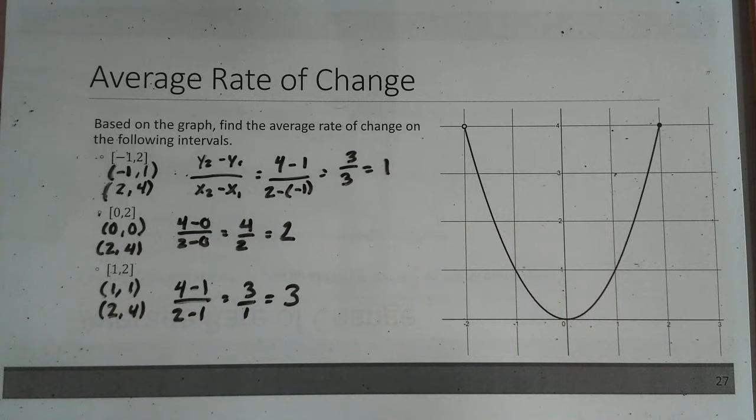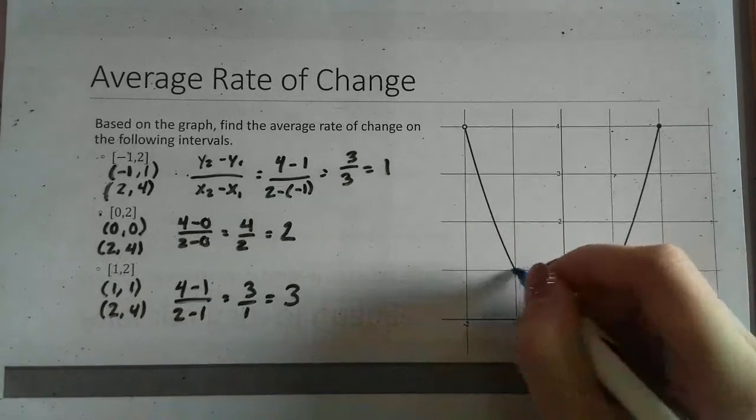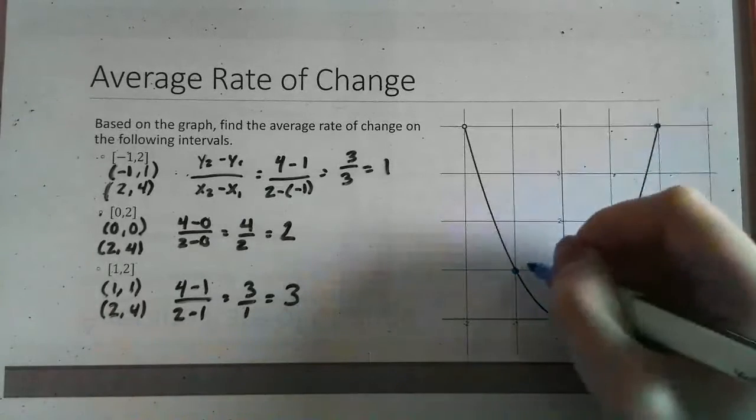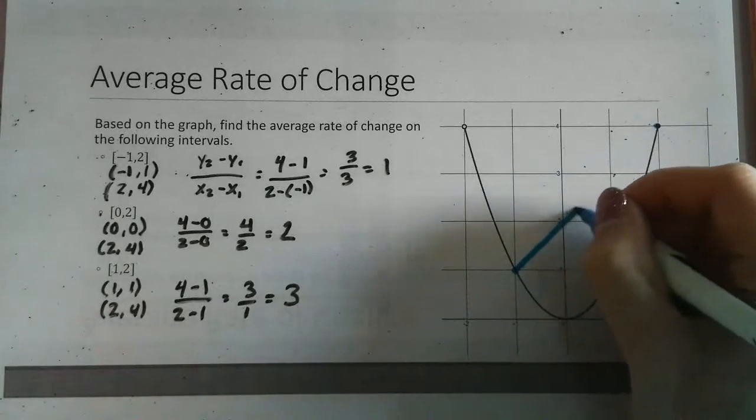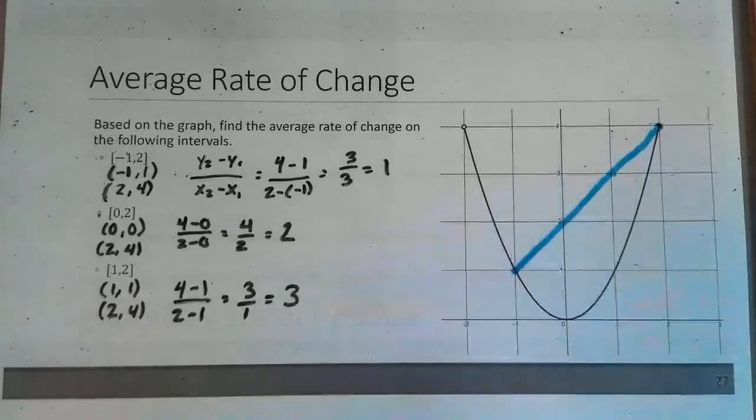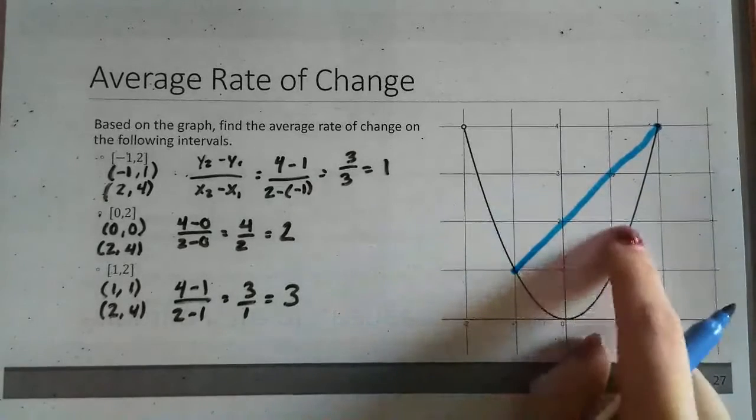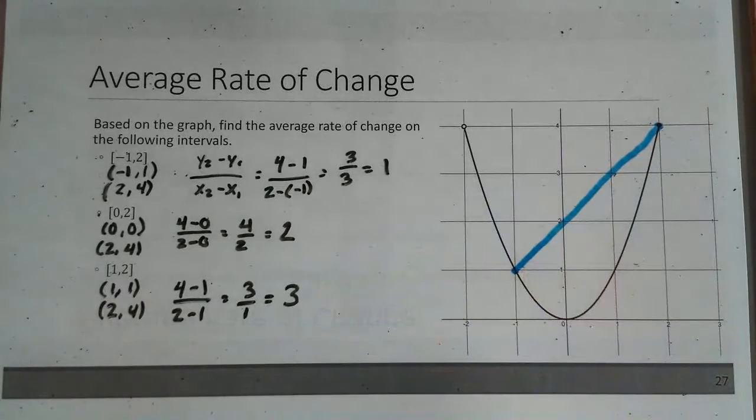So if we go from an x value of -1 to an x value of 2, the average rate of change to get from one point to the other is 1. The slope of that line is 1. Does that mean that on the actual graph, I'm always increasing at a rate of 1 y value for each x value?